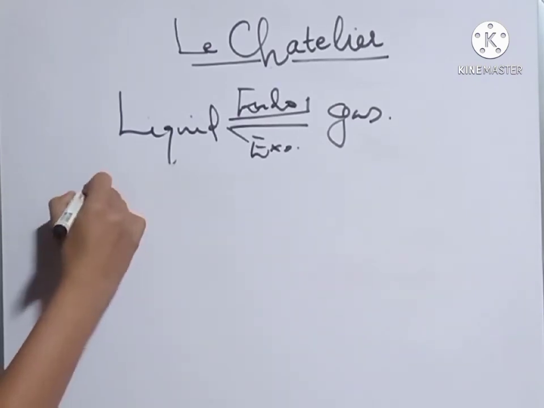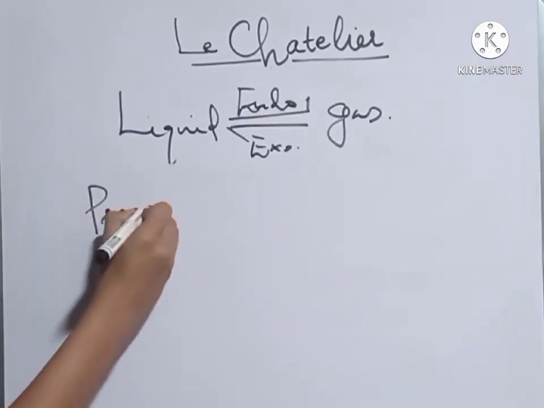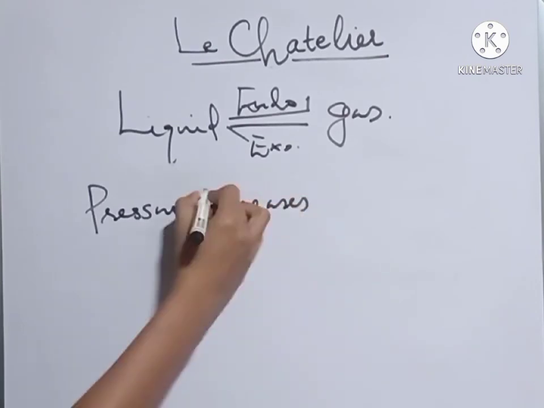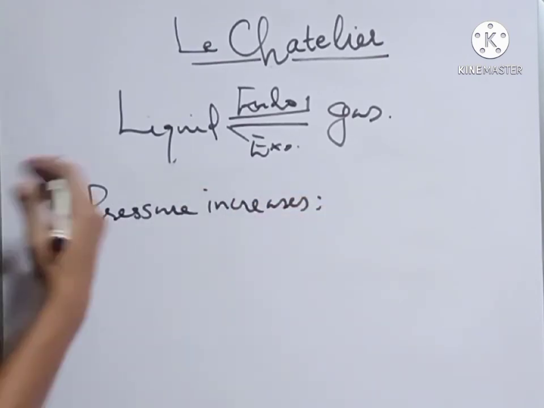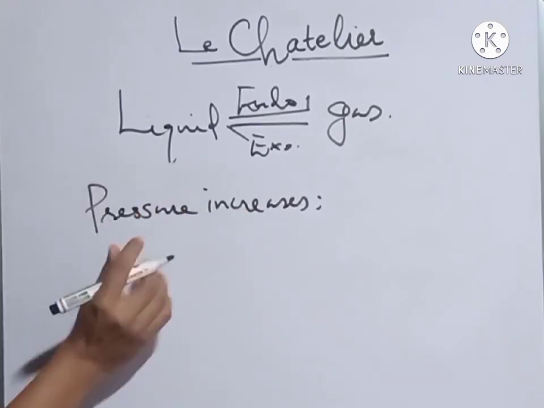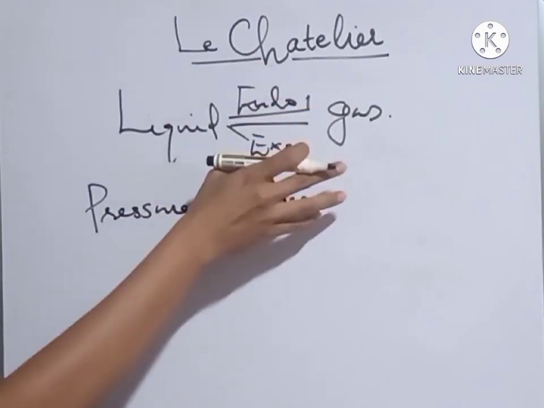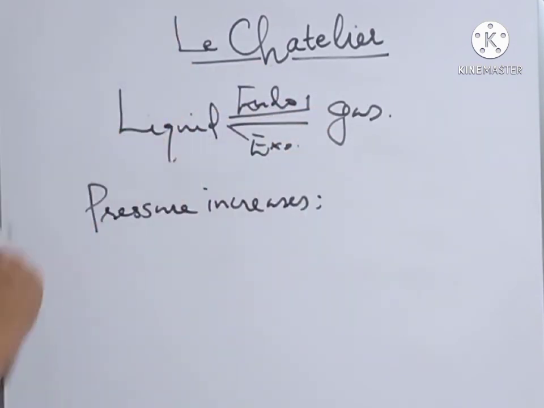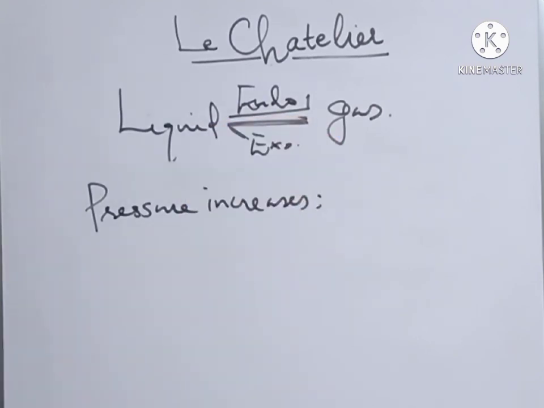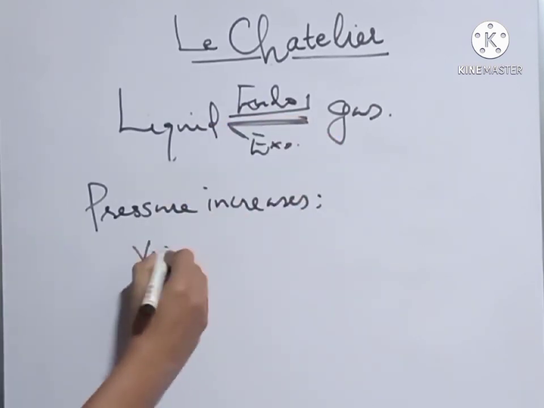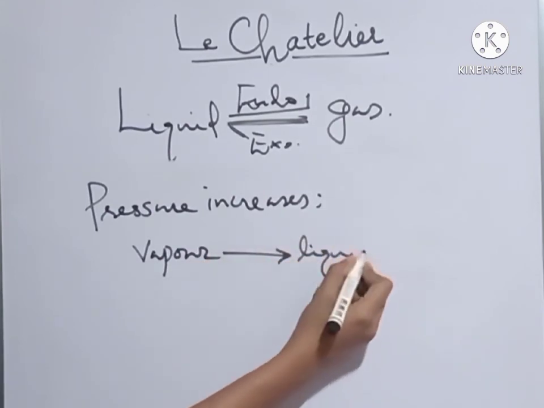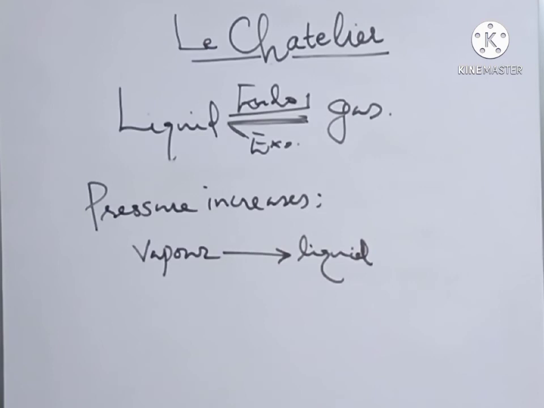But if pressure increases, the conversion occurs in the reverse direction. That is, when pressure increases, more gaseous molecules are converted back into liquid state. That is, the backward reaction is the favored one. That is, vapor state to liquid state conversion occurs at a faster rate.